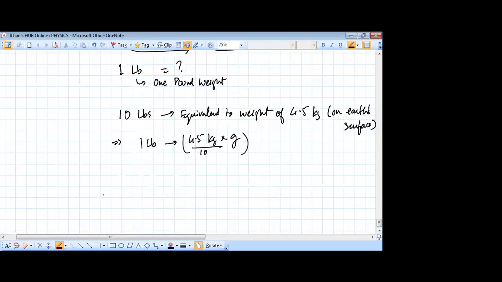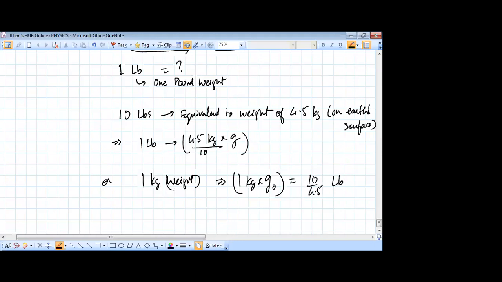Or you can say that 1 kg weight, that is 1 kg multiplied by g on the surface of the earth, is equal to 10 upon 4.5 pounds. Therefore, 80 kg into g naught will become equal to 80 into 10 upon 4.5 pounds.